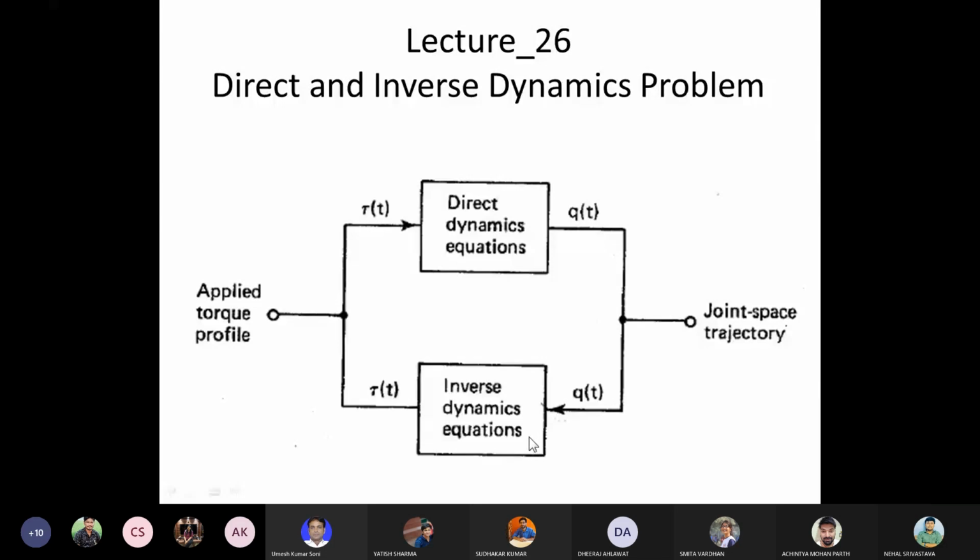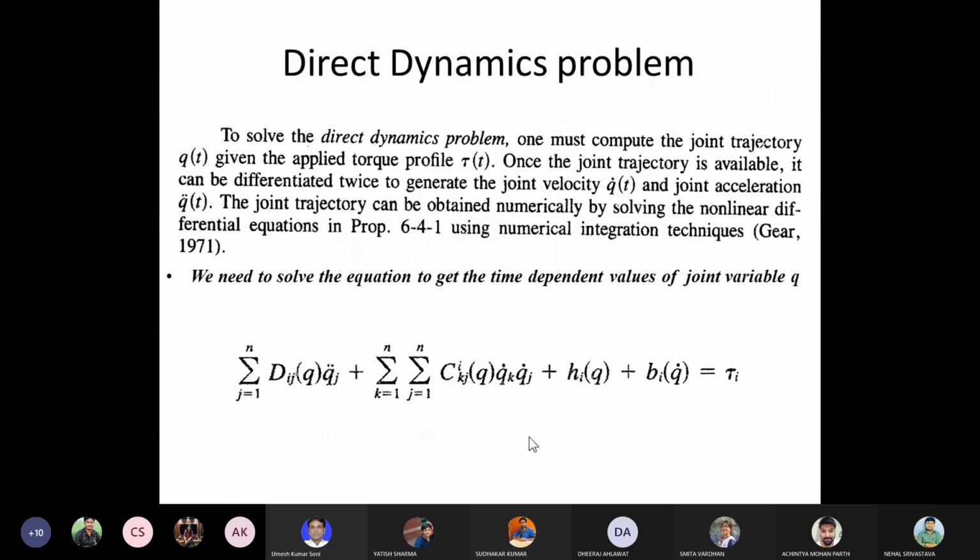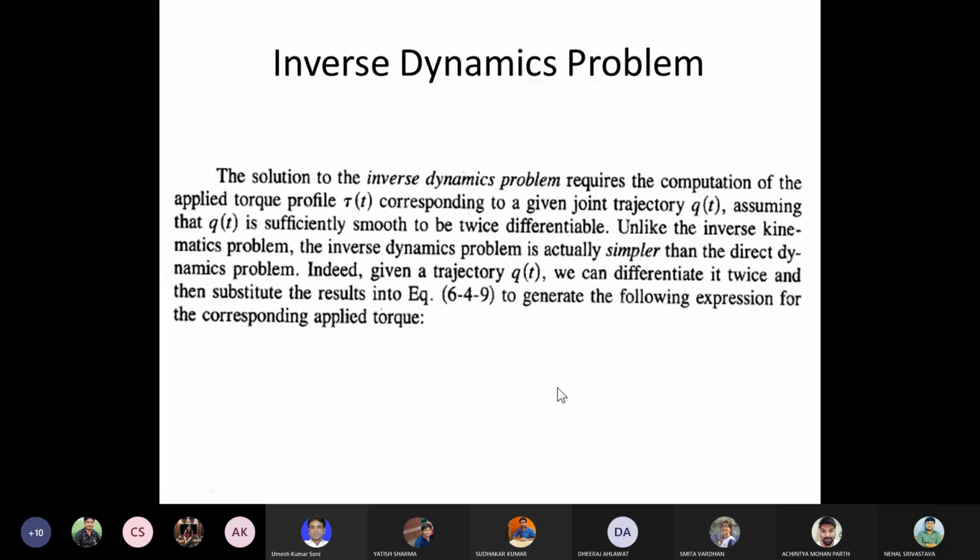Actually, in both the conditions you use the same equation. But in direct dynamics you solve the differential equation and find the variables q, and in inverse dynamics you differentiate once and a second time and use that equation for obtaining the torque profile.